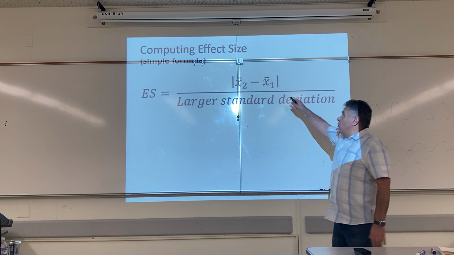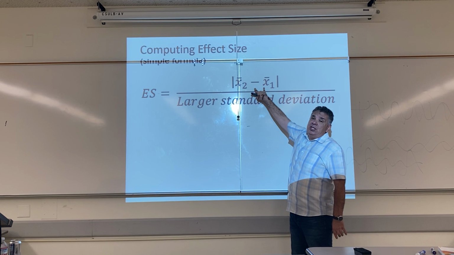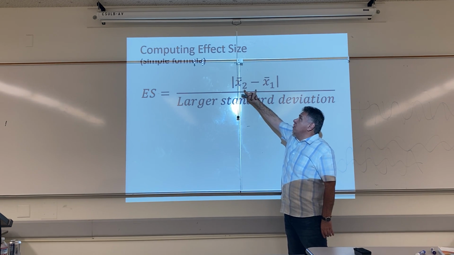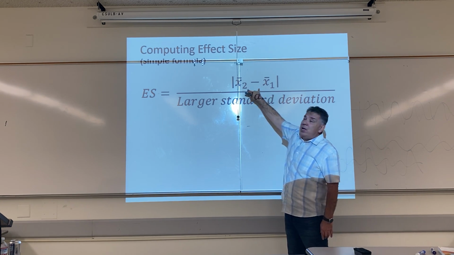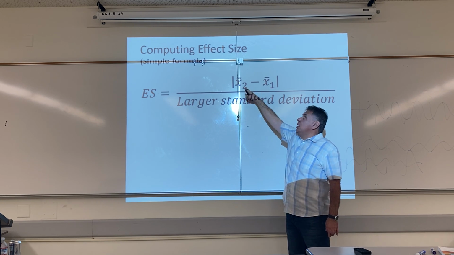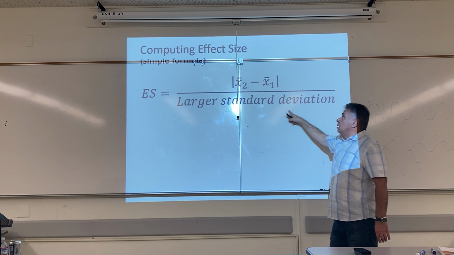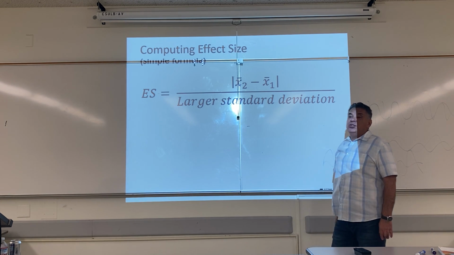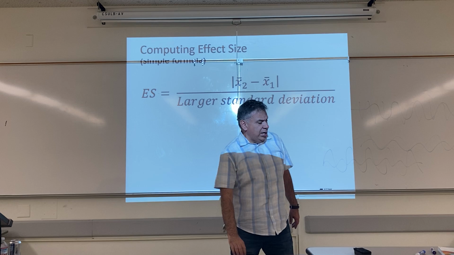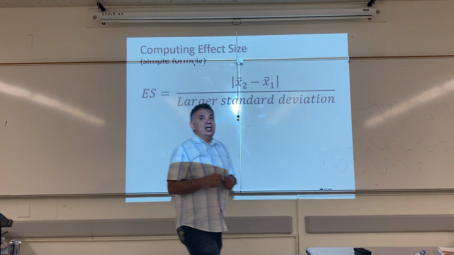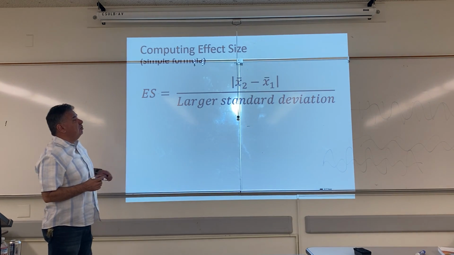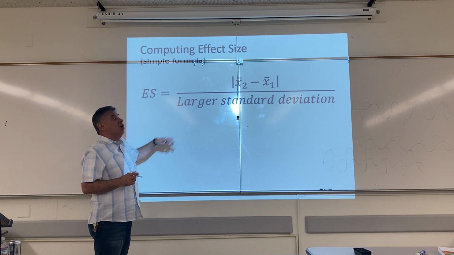We're going to take the absolute value of the difference between our two groups, the mean of group 2 and the mean of group 1. It doesn't matter which order you subtract them in, because you take the absolute value. And you're going to divide it by the larger standard deviation. Where does the larger standard deviation come from? It comes from the square root of the larger variance.